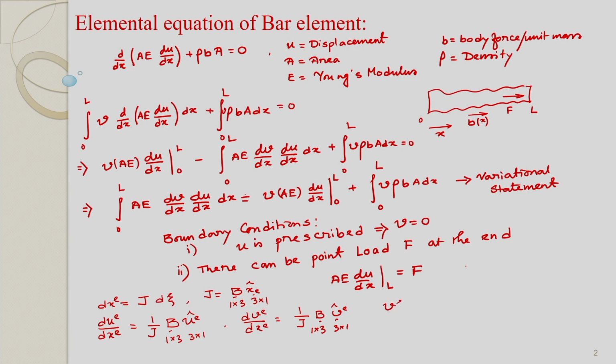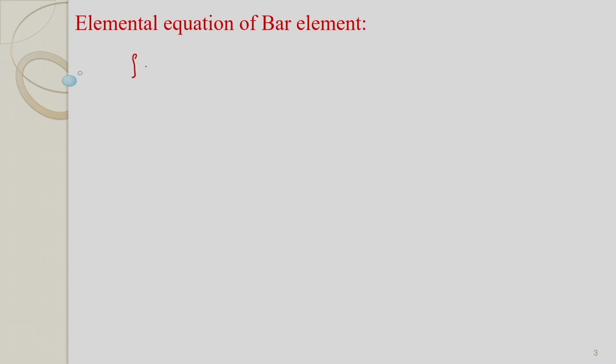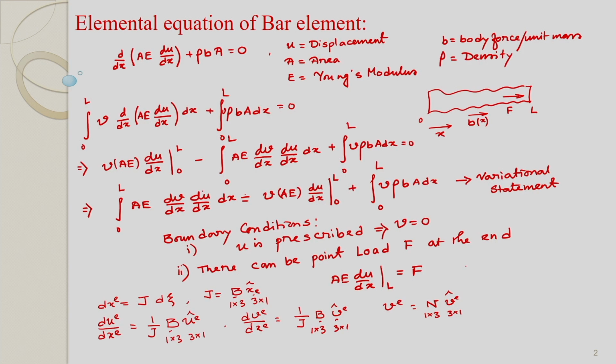V is N v e hat. Now, we will find the elemental equation from this variational statement for a particular element. AE. We want to finally get one scalar.